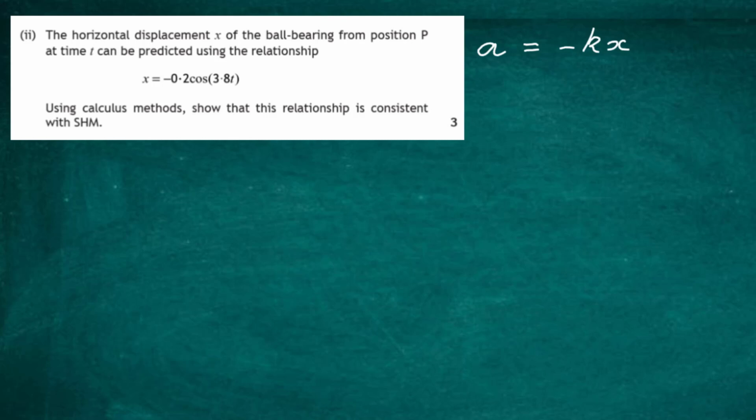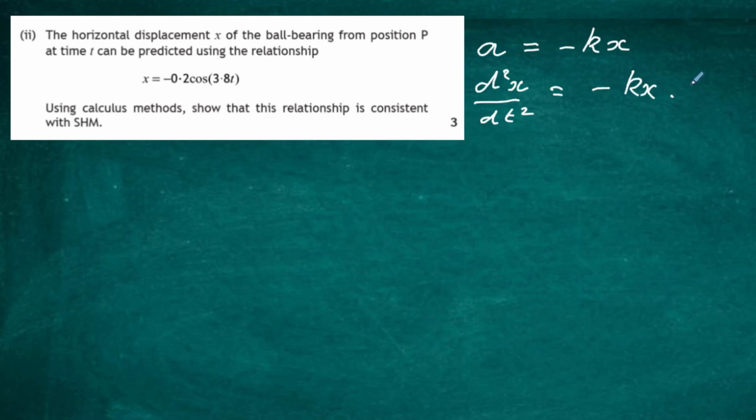Now we know the acceleration is the double derivative of the displacement with respect to time. So we can write down that d2x by dt squared is going to equal minus kx.